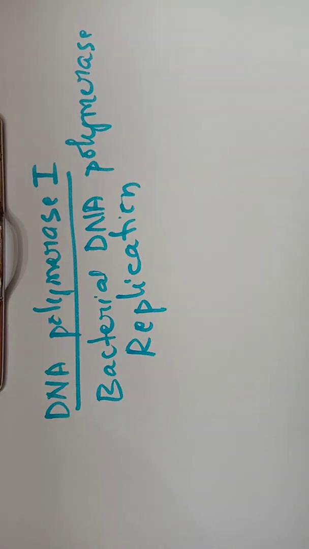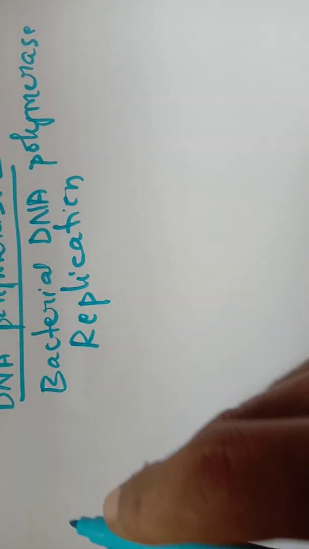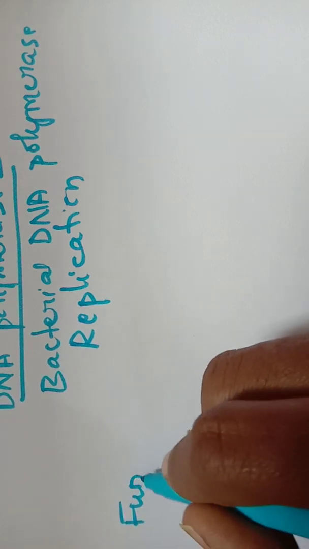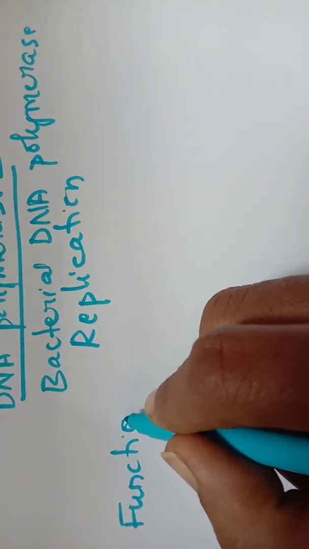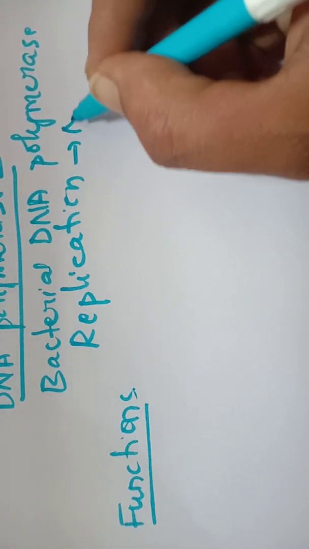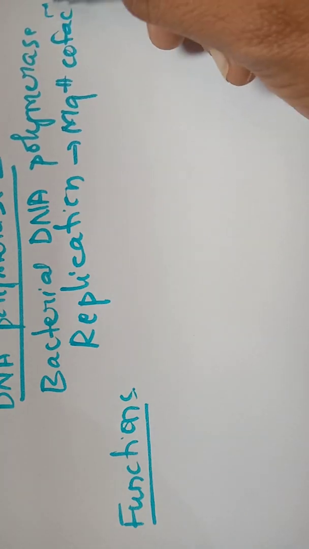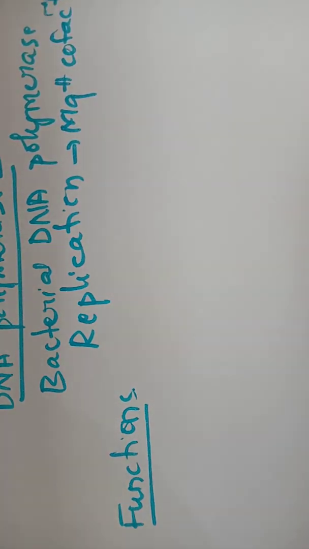DNA polymerase 1 will have three important functions, and remember this: it uses magnesium as the cofactor.